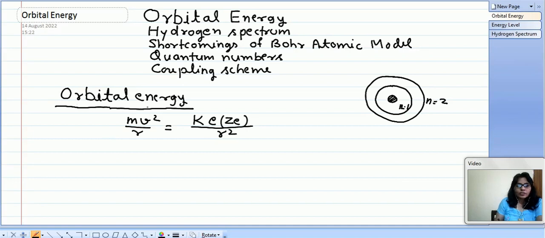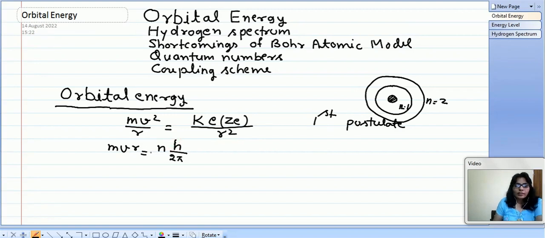So we have this equation, the first postulate of Bohr. Then the second postulate says that the angular momentum mvr should be equal to an integer multiple of h cut, where h cut means h upon 2 pi, and h is the Planck constant.